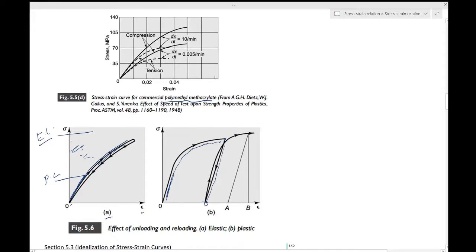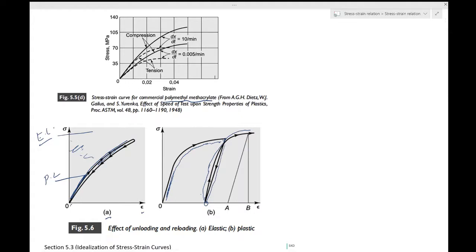Now you start applying a load again from this strained position, and you get a reloading curve, and then you take it to this stage.